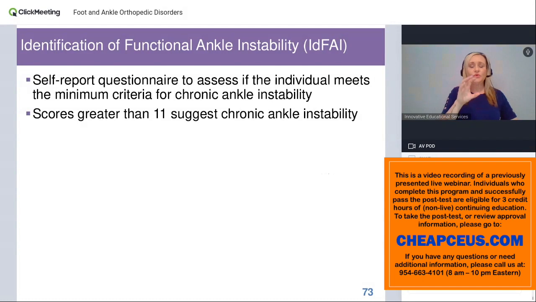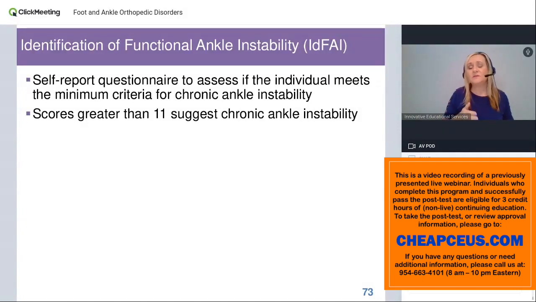It is trying to look at catching those patients that have that functional instability of the ankle where they have that kinesiophobia. So this tool gives a specific definition of what that feeling of giving way is, so the individual can keep reflecting back to that as they're answering their questions to hopefully give them a little more specificity in their answers.